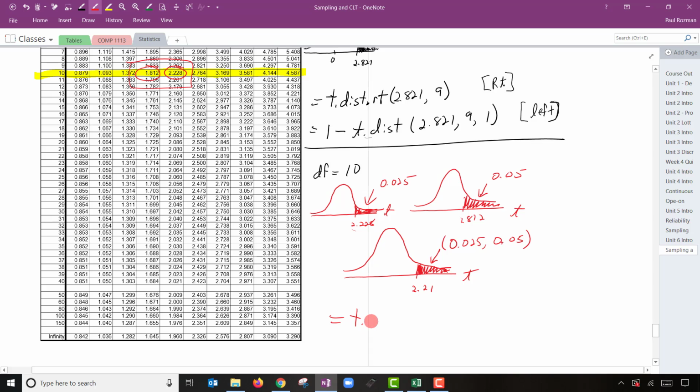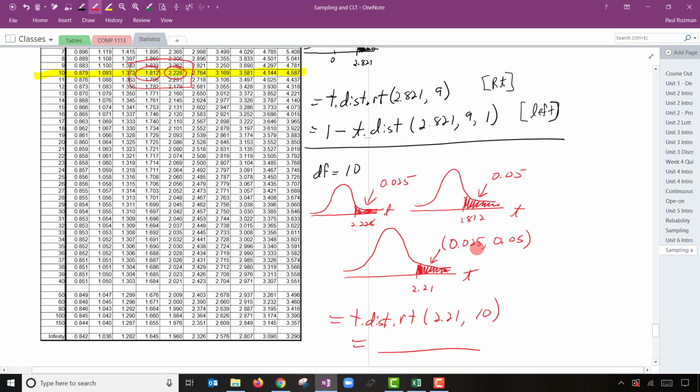We just go T.DIST.RT of 2.21 and 10 degrees of freedom, and it'll give us the answer more precisely. It'll be a lot closer to 0.025, right? 2.21 is pretty close to 2.228.